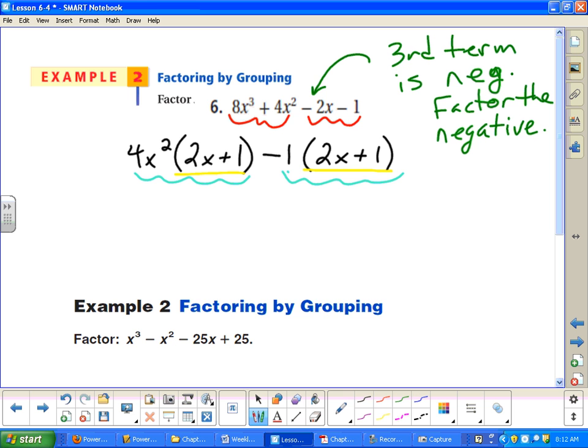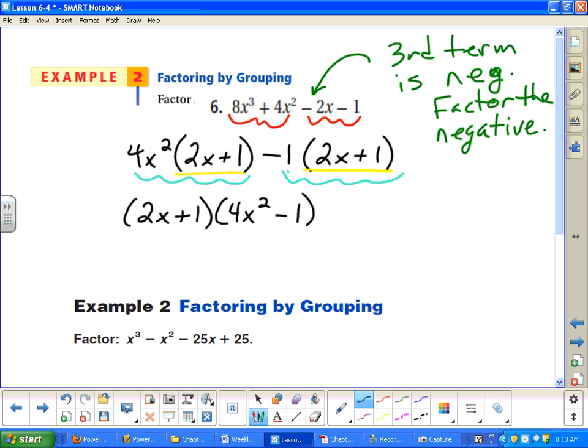They both have 2x plus 1. So that means I can factor out 2x plus 1 from both of them, and I'm left with 4x squared minus 1. So basically, we did the GCF twice. We did the greatest common factor for the first two terms and then the last two terms, and then we took out the greatest common factor of our results.